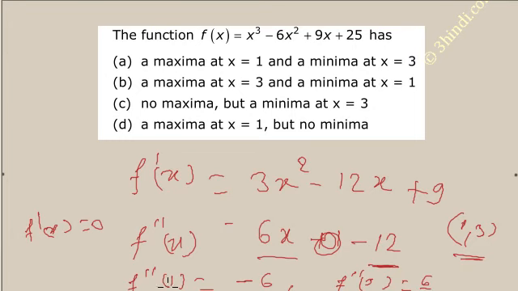So f double dash 1 is negative and f double dash 3 is positive. So at point x equal to 1, it is maxima, and at point 3, f is minima. So maxima and minima, this is the correct answer.